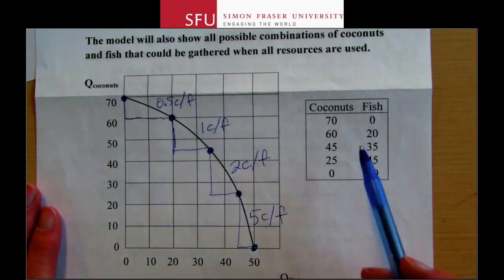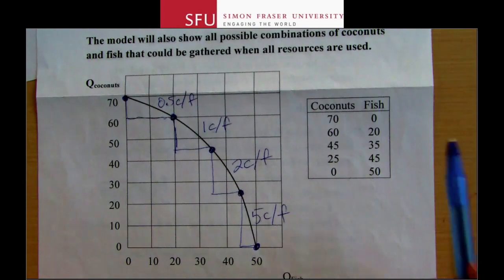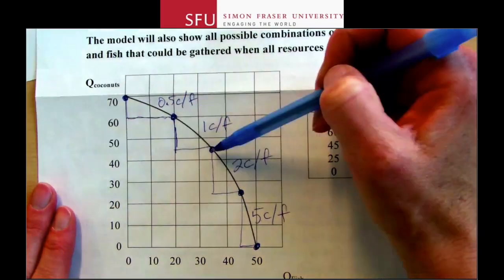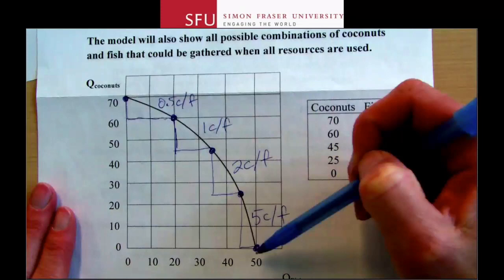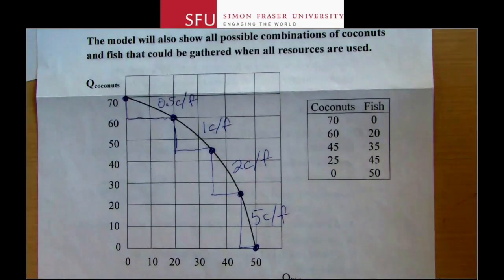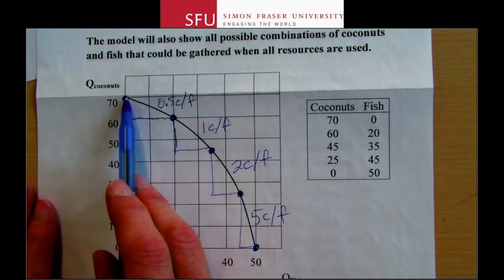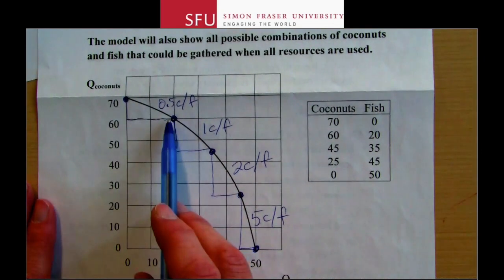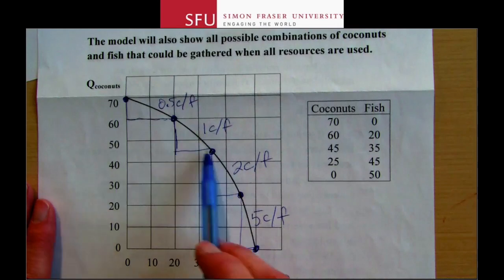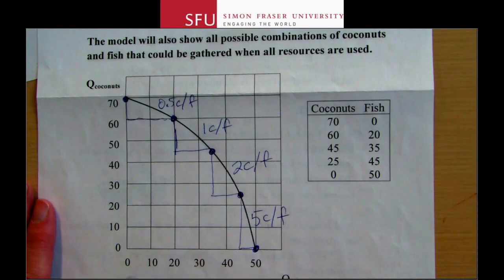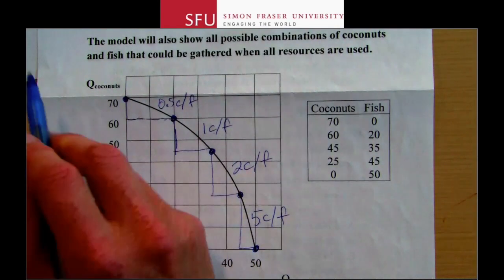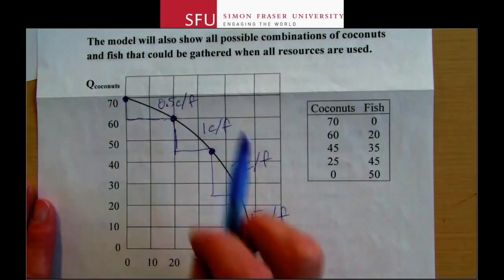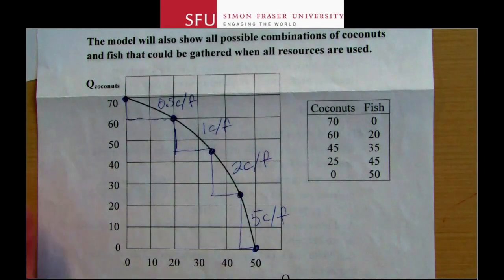It's not a straight line because the opportunity costs are changing, and the opportunity costs are changing because the resources are not all exactly the same. The people are not all exactly the same; they have different skill sets. You start with the most skilled people and have the least cost, but then you have to use people who are less skilled, and so your costs will keep increasing, and then you get this curve shape instead of a straight line.